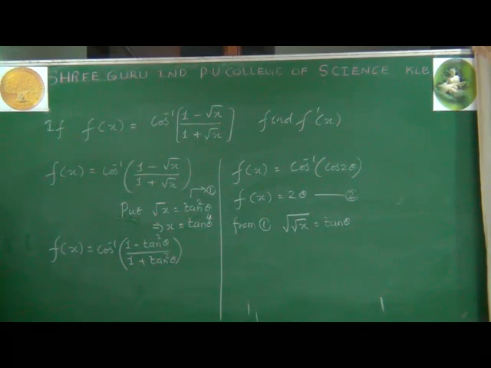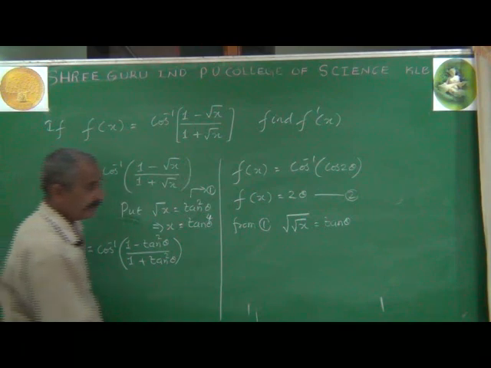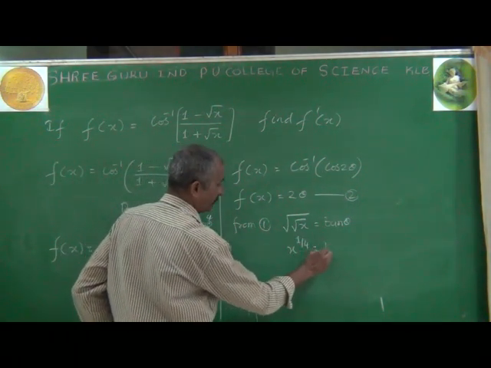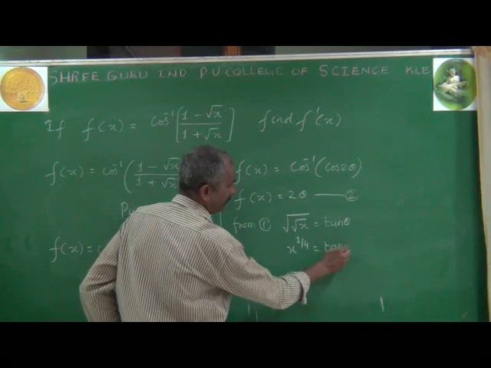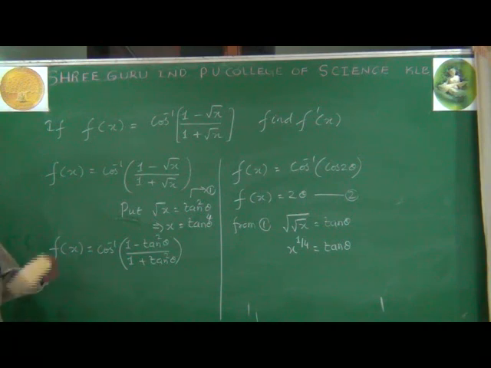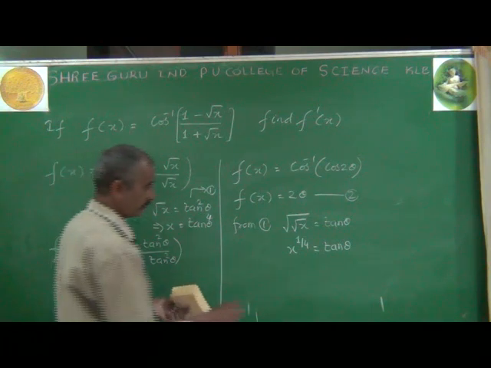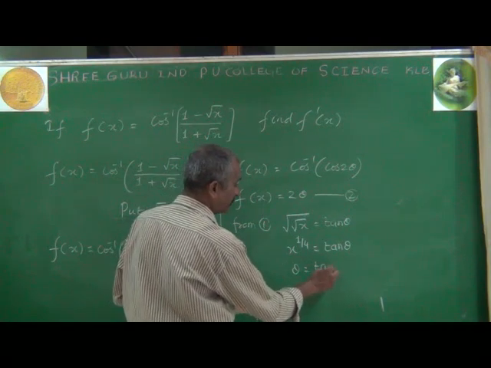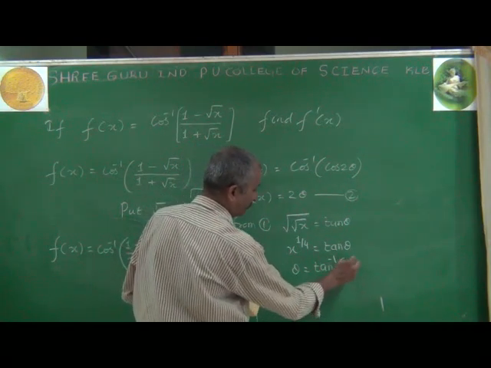But square root of x means x power half, whole power half, which is x power 1 by 4. So x power 1 by 4 is equal to tan theta, and thereby theta equals tan inverse of x power 1 by 4.